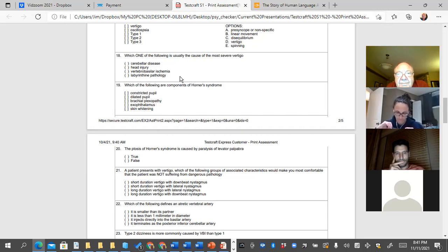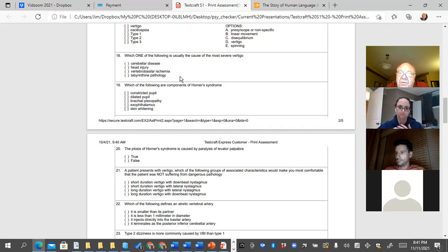Most severe. What are you thinking? Well, I was thinking vertebral-basilar ischemia. Okay, I think you're looking at what is the most severe pathology that can cause vertigo. This is about the severity of the vertigo, not the severity of the disease.